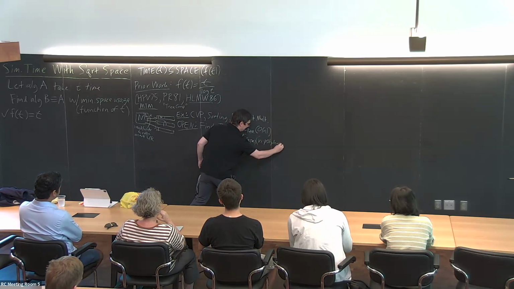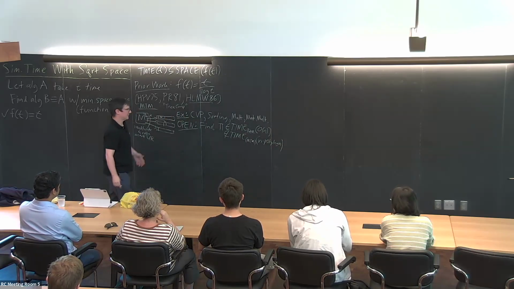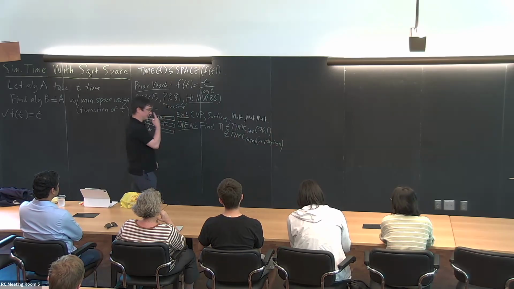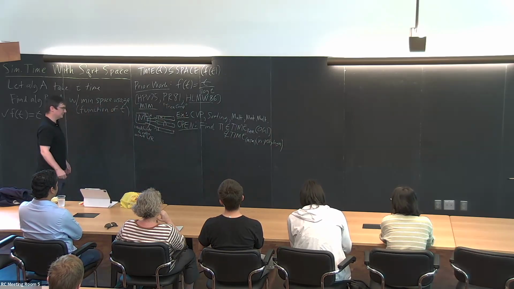So trying to find any decision problem which can be done in linear time on RAMs, but not in n polylog n time on multi-tape machines, is a major open problem.